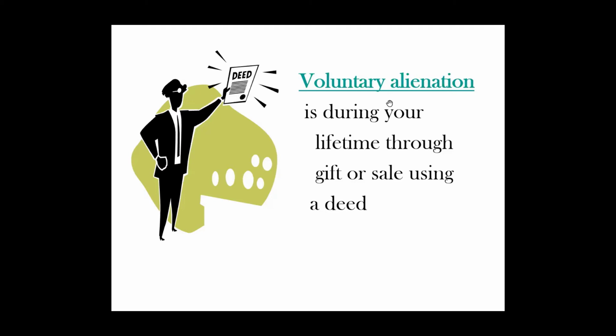What is the difference between the grantor and the devisor? I got a little confused. Okay, so devisor is in a will. Devisor is where I have a will and I'm saying my daughter Angela is going to get this property when I die.